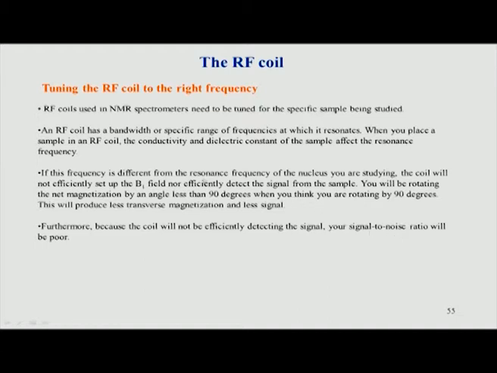The RF coils again depend on what kind of nucleus you are studying. Sometimes we study hydrogen, meaning proton, we look at carbon 13, we may look at fluorine 19, or we may be studying phosphorus and silver and so on. As we saw in the very first class, this is called the NMR periodic table.